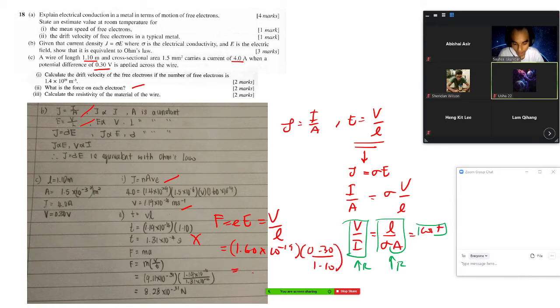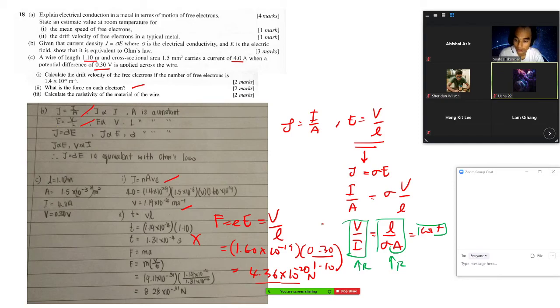So you have 4.36 times 10 power of negative 20 Newton. That will be the force on each electron. So the answer will be 4.36 times 10 power negative 20 Newton. That is the answer for number 2.